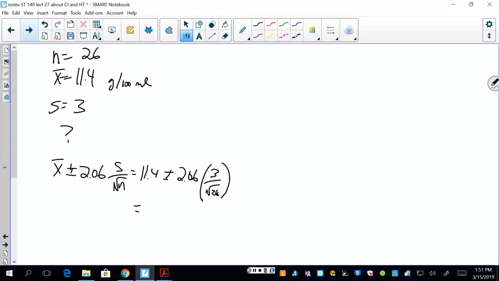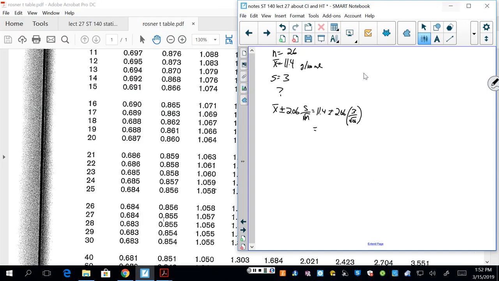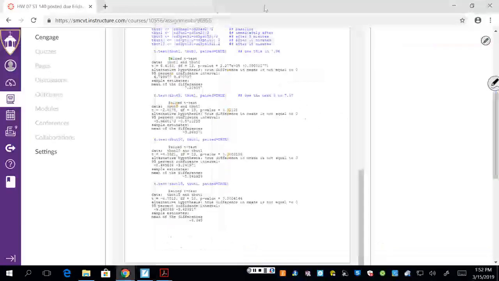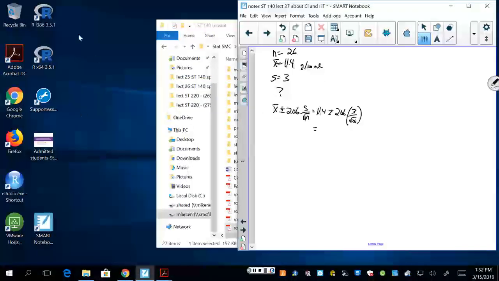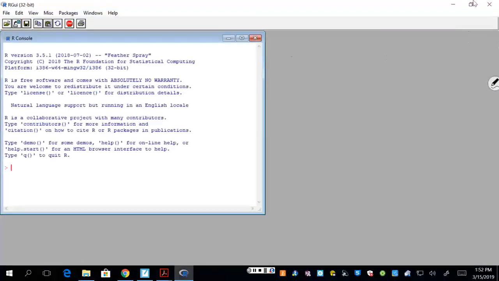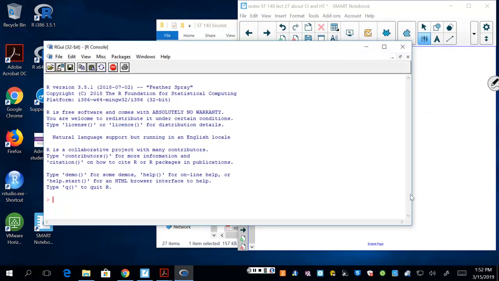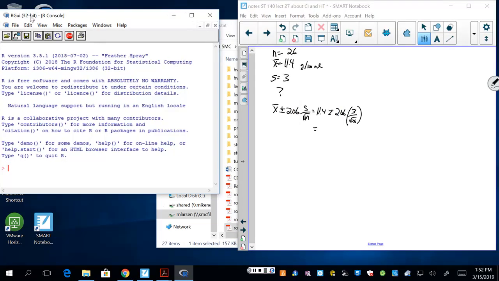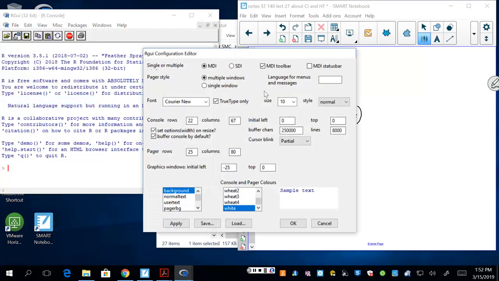I don't rely on doing the math in my head. I'll just start a basic R thing up here without RStudio for now. Make it a little bigger.